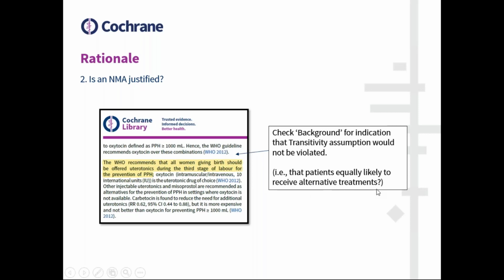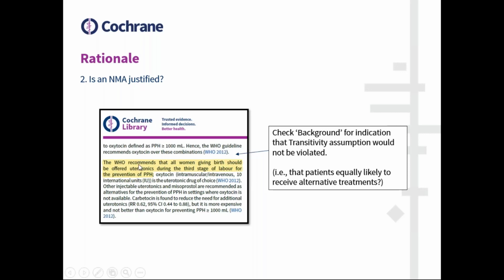So if you're looking at interventions A, B, and C in your review, it's important that the patients in one study that is looking at A and B could also have been randomized to intervention C if that particular study had included that intervention.